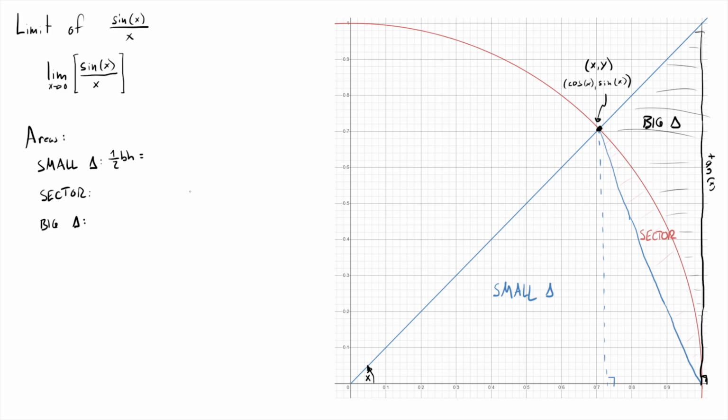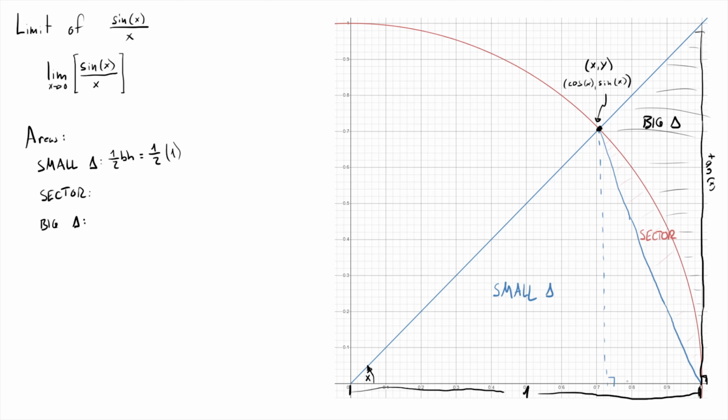And that is just going to be equal to 1/2. What is the base of the small triangle? Well, the base of this small triangle is going to go from here all the way to here. And since we're dealing with a unit circle, we know that that length is length 1. So the base is going to be 1.